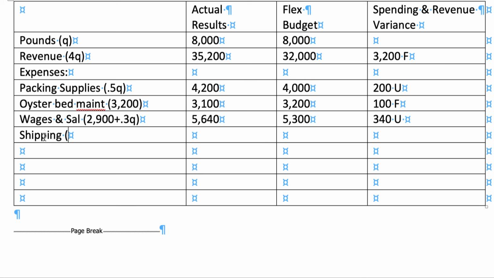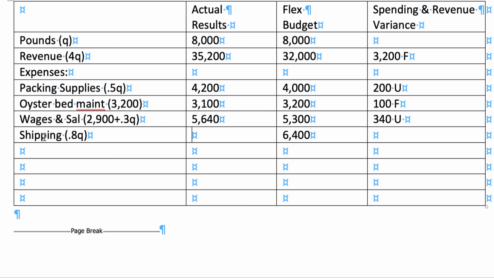What are my shipping costs? Well, to figure that out, I've got to figure out what's my cost formula. Well, it's 80 cents times Q. Okay, that's easy enough. So based on a flex budget, based on 8,000 pounds, which is actual output, what should my shipping cost be? Well, it should be 6,400.